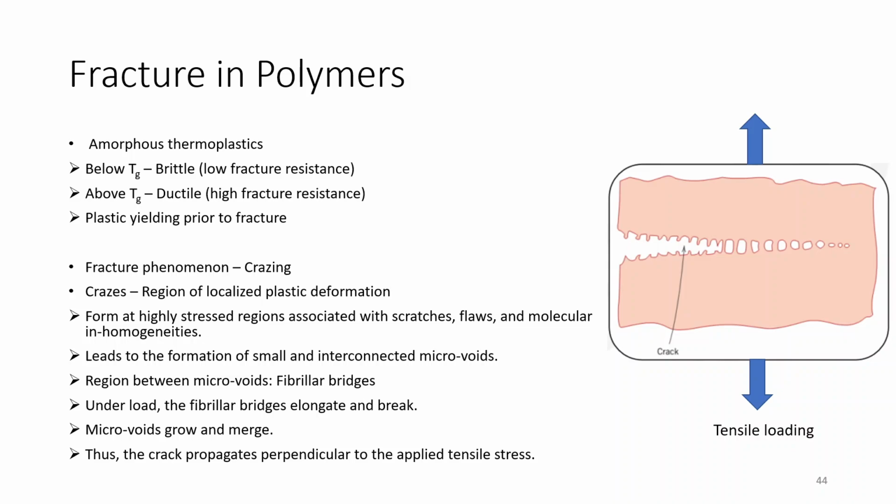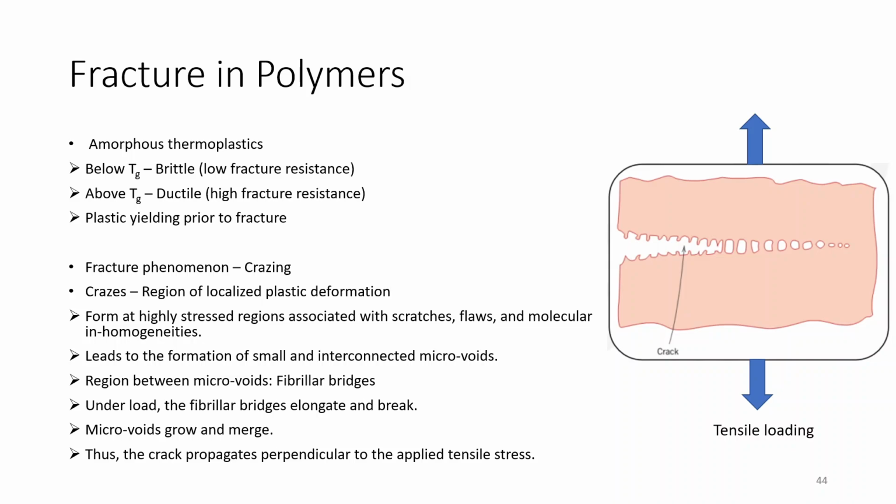At this temperature, you will have low fracture resistance. Above Tg, you have ductile behavior and high fracture resistance, and plastic yielding prior to fracture will occur. This fracture phenomenon is known as crazing.